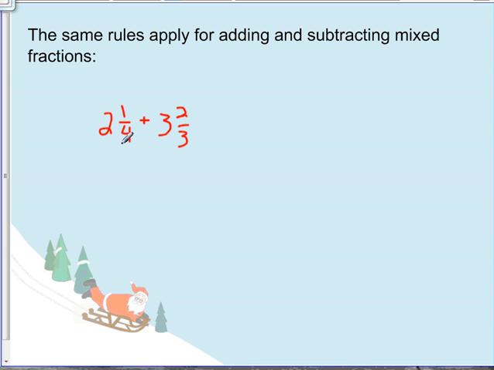So we're going to go 2 times 4 plus 1, which is 9, over 4. Add that. 3 times 3 is 9 plus 2 is 11. So 11 over 3. Now I have to find my common denominator between 4 and 3. I think you guys could figure out that it would be 12.